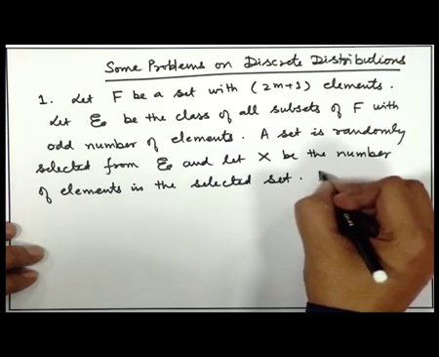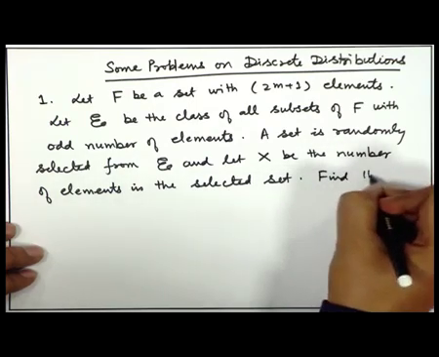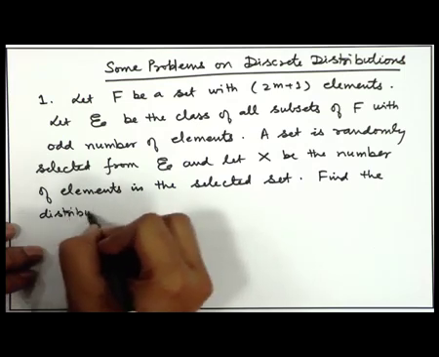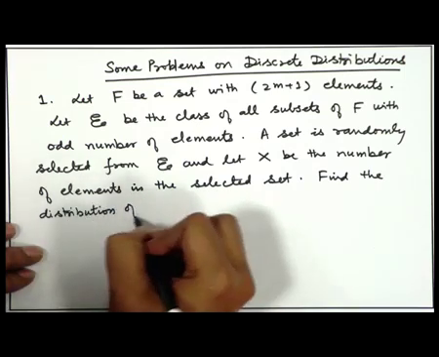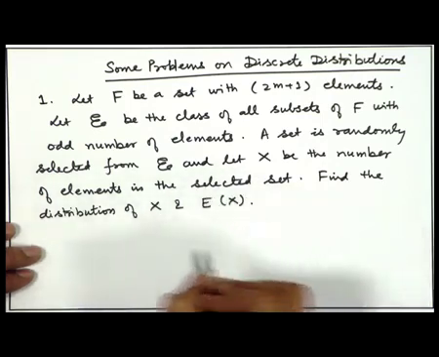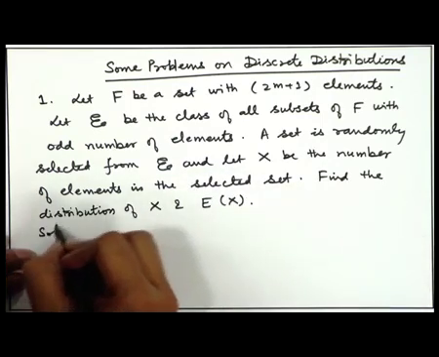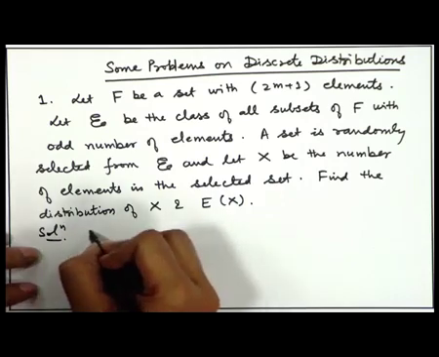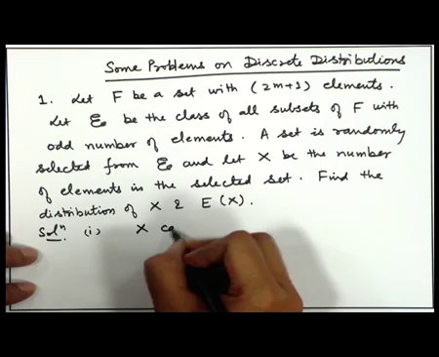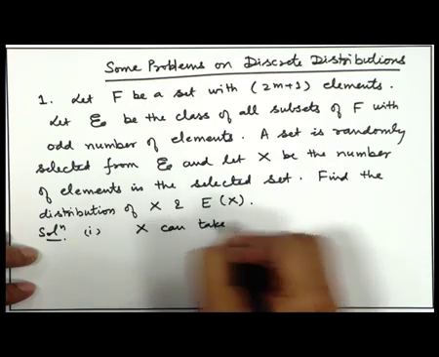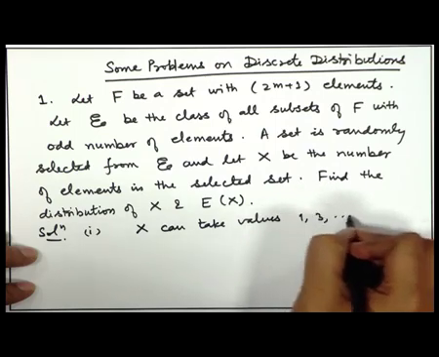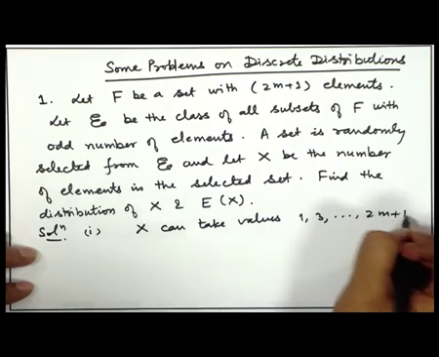We want to find the distribution of X and expectation of X. So, X can take values 1, 3 and so on up to 2m plus 1.